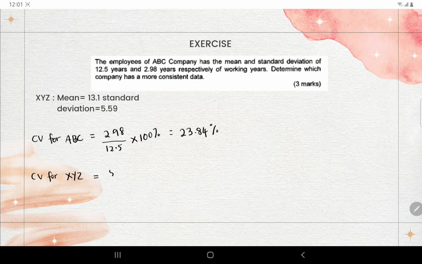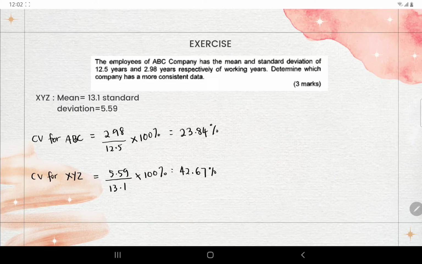Meanwhile, the CV for XYZ company is standard deviation 5.59 divided by the mean 13.1, multiply with 100%. So the answer is 42.67%.